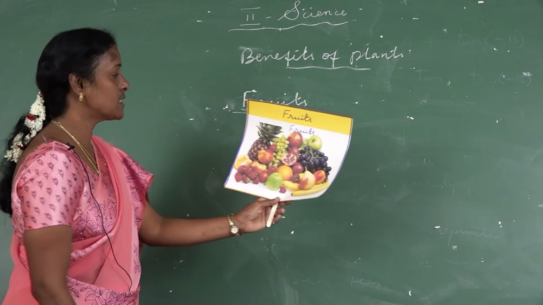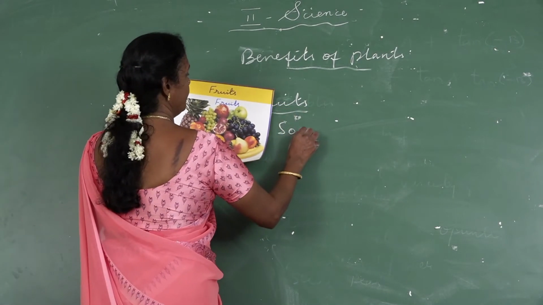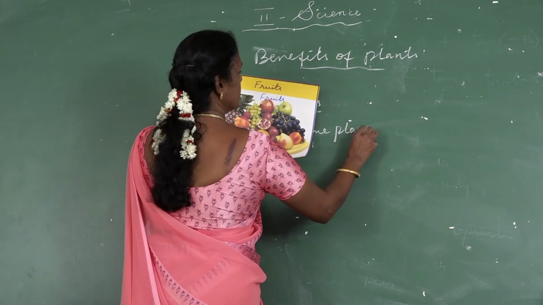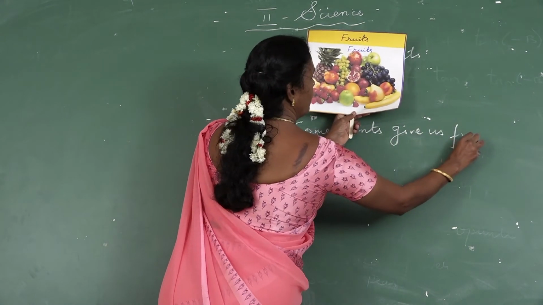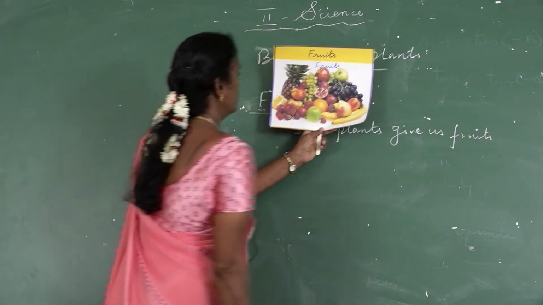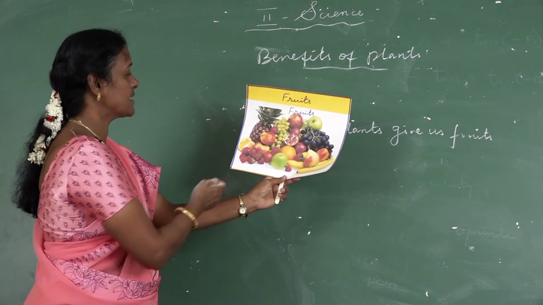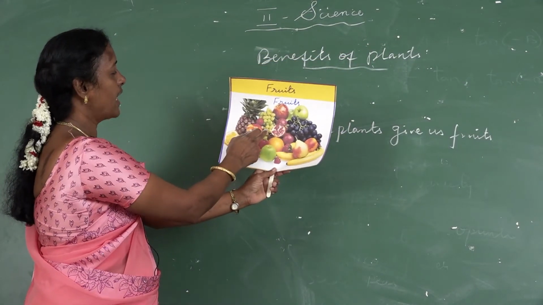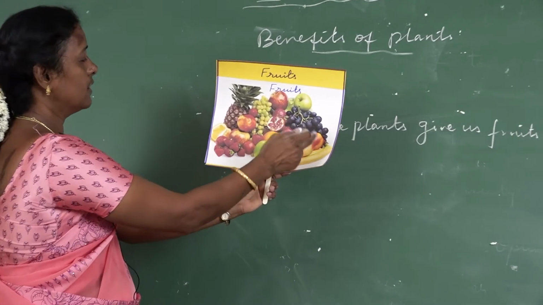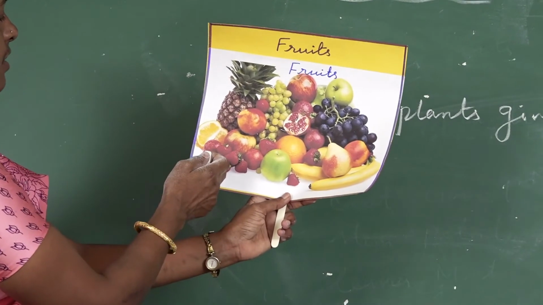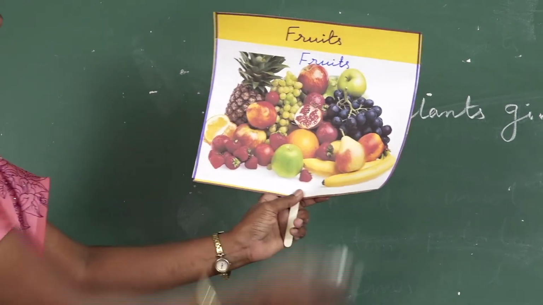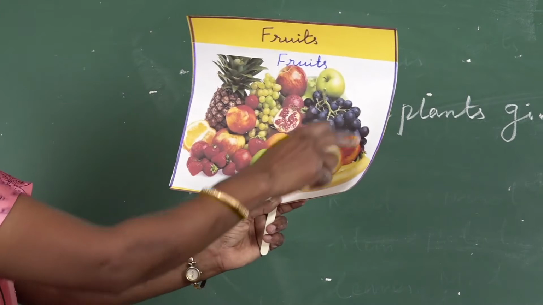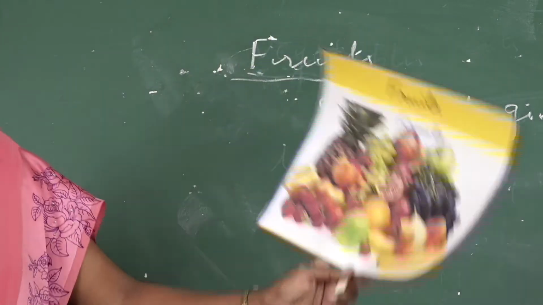Some plants give us fruits. What are the fruits we get from plants? Apple, grapes, pomegranate, banana, strawberry, orange, everything we get from plants.